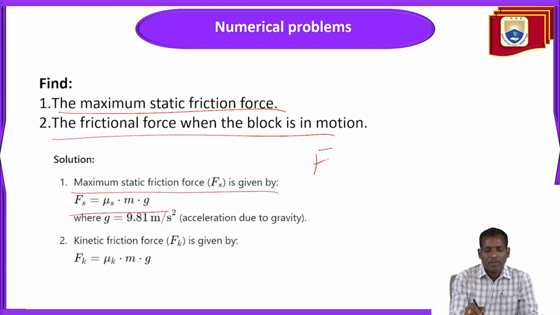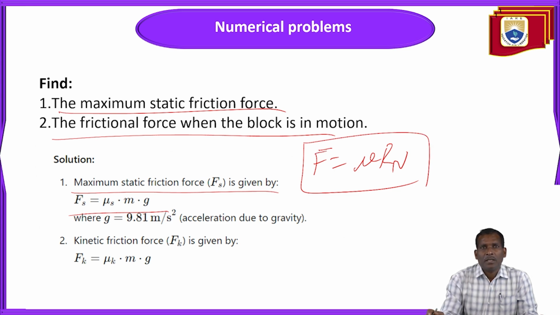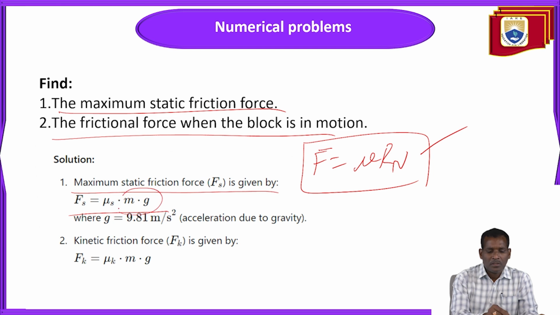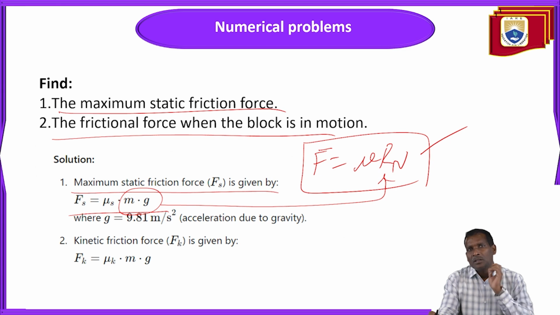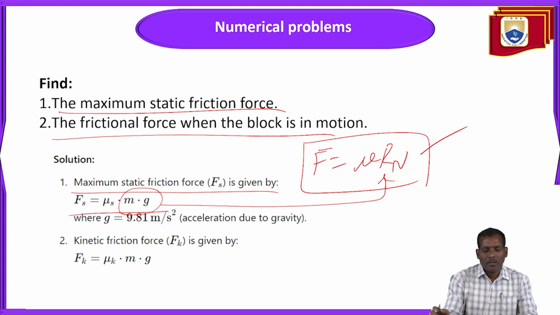Actually the frictional force is equal to mu multiplied by Rn, where mu is the static coefficient of friction and Rn is the normal reaction force, which here is mg, where g is 9.81 meters per second square, the acceleration due to gravity.